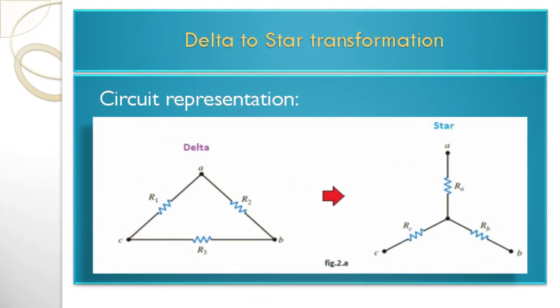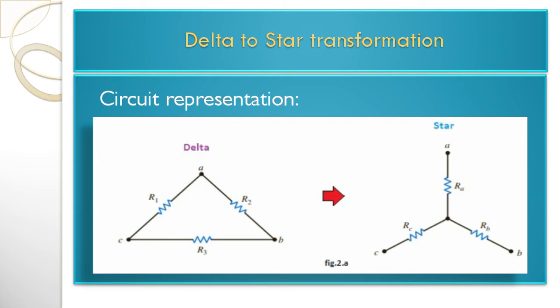If we place star network into delta network, then resistance RA of star having adjacent resistances of delta network as R1 and R2. Resistance RB of star network having adjacent resistances of delta network as R2 and R3.